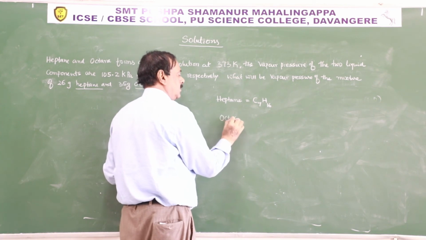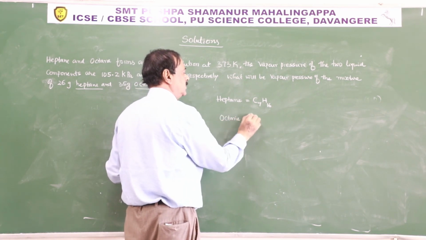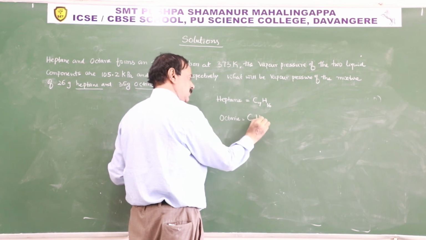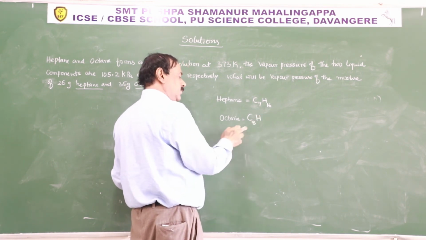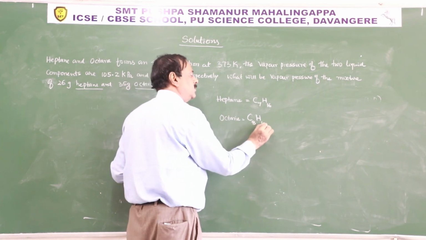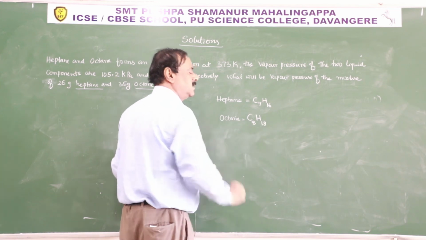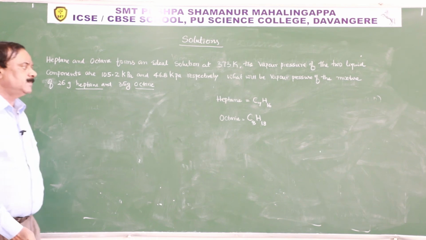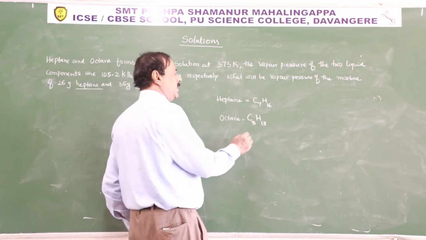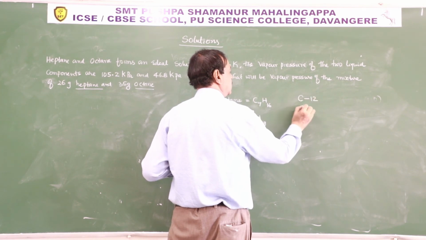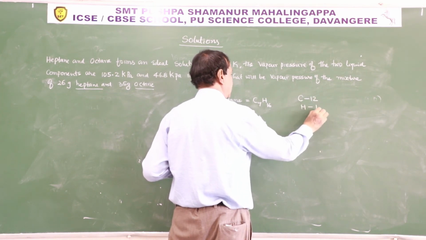Octane: octa means 8 carbon atoms. Since it is alkane series, CnH2n plus 2, 8 into 2, 16, 16 plus 2, that is 18. Therefore the molecular formula of octane is C8H18. You know that the carbon atomic mass is 12 and hydrogen atomic mass is 1.